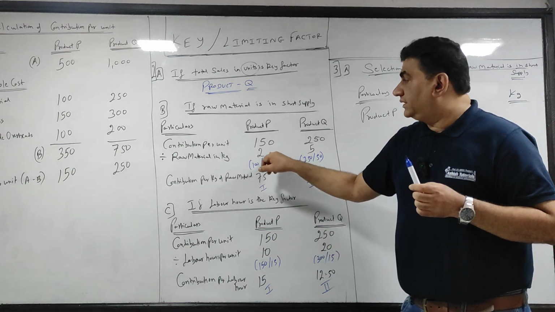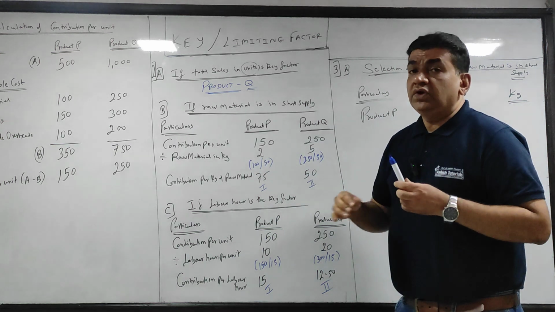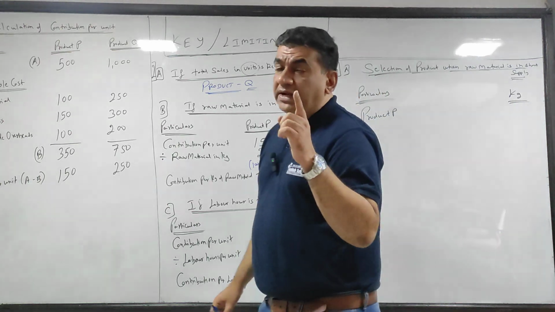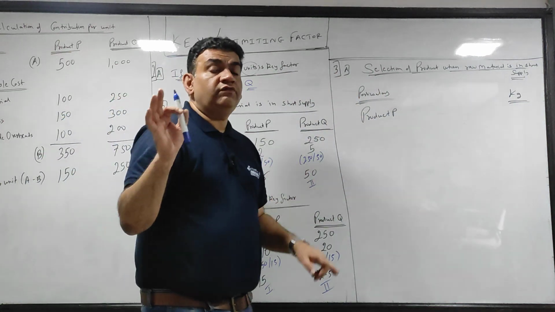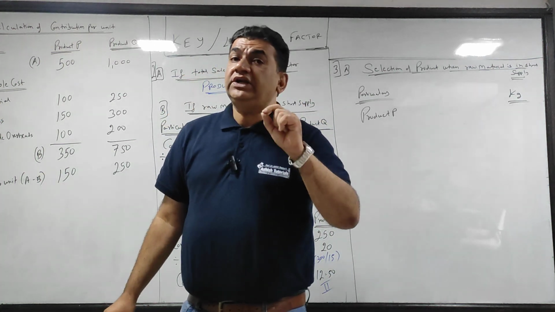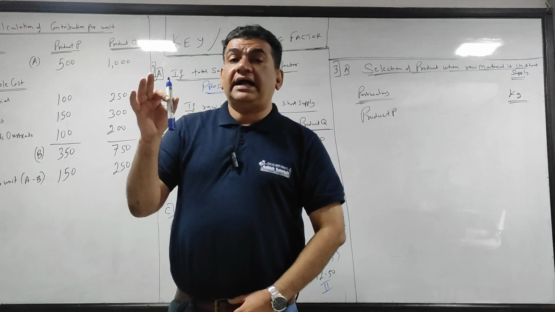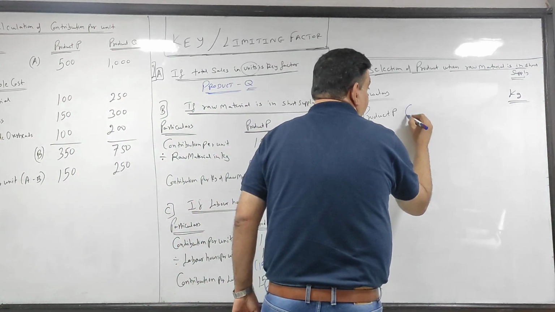एक यूनिट P के लिए कितना मटेरियल लगता है? 2 किलो. To manufacture 1 unit of product P, I need 2 kg of raw material. So now what will happen?